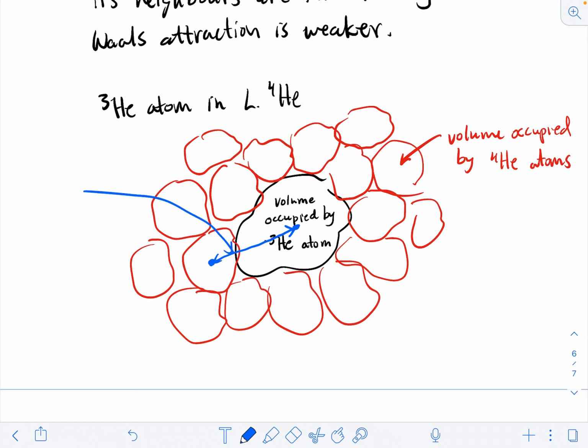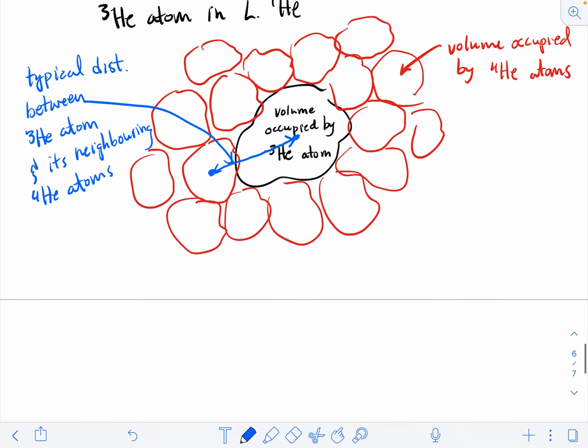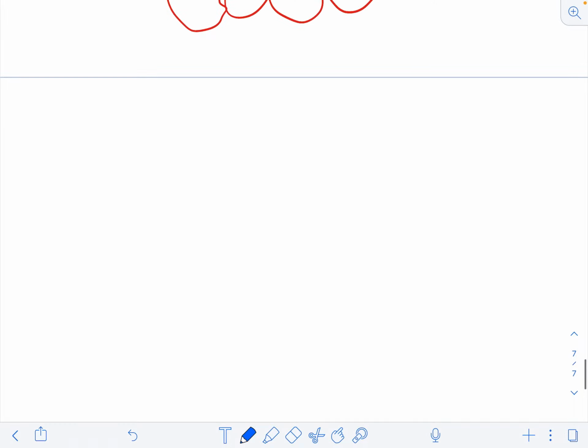This is the typical distance between the helium-3 atom and its neighboring helium-4 atoms. And that distance is on the small side because the helium-4 atoms occupy a relatively small space.